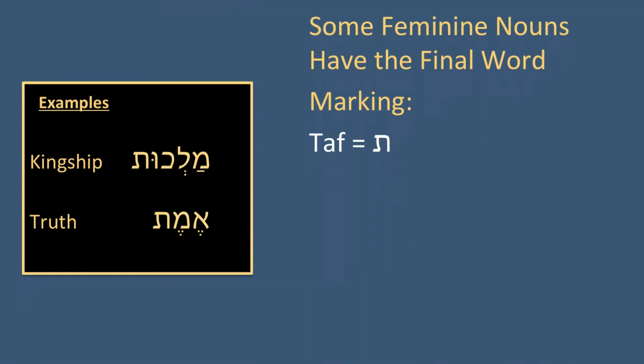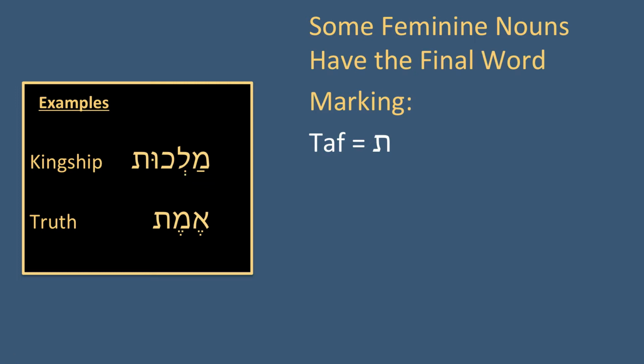Now, in some cases, instead of a hey, we will have a taf as the last letter in the word. And so, for example, malchut, meaning kingship, while kingship is a masculine concept, because there is a taf at the end of the word, this is technically a feminine noun.